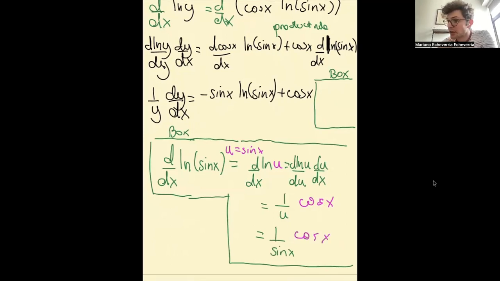So it is kind of like you bring the sine of x down, which is kind of what happens with the natural log, but you have to multiply by the derivative of sine, which is cosine. So the answer here is that it's cosine of x divided by sine of x.